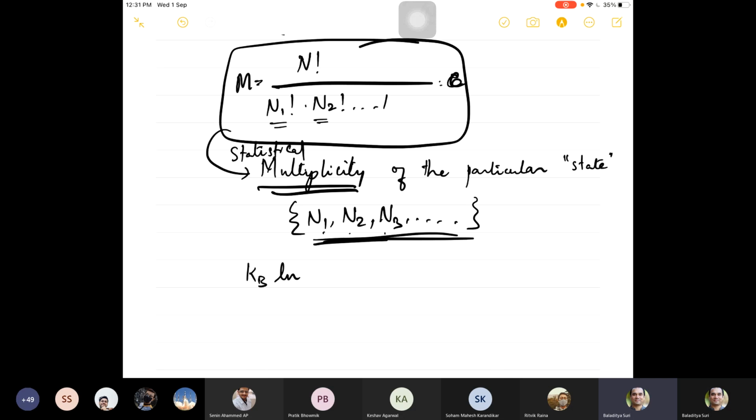We called it multiplicity, so let's call it m. The Kb ln m of this multiplicity is the entropy of this ensemble. That was Boltzmann's definition of entropy of this ensemble.